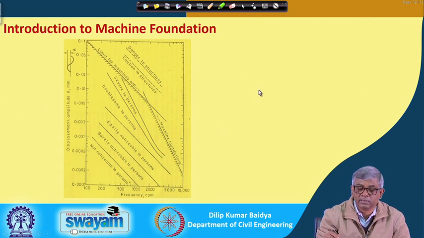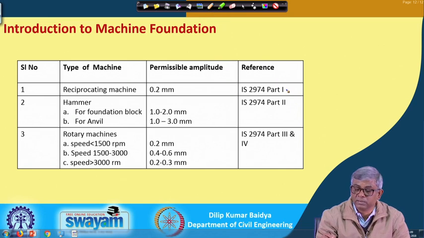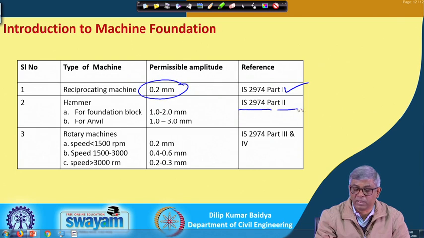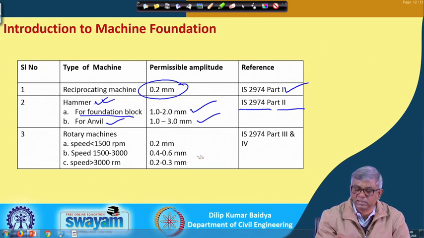Next, you can see it is given by the code for different types of machine, and for the frequency range, different amplitudes are given. IS 2974 Part 1 is given for reciprocating machines, the permissible amplitude is 0.2 millimeter. IS 2974 Part 2 is given for hammer foundations, and for the foundation block what should be the limiting amplitude, and for the anvil what is the limiting frequency.